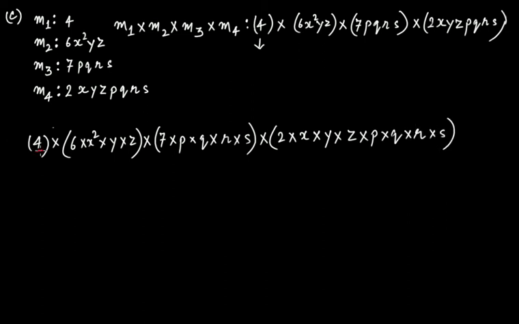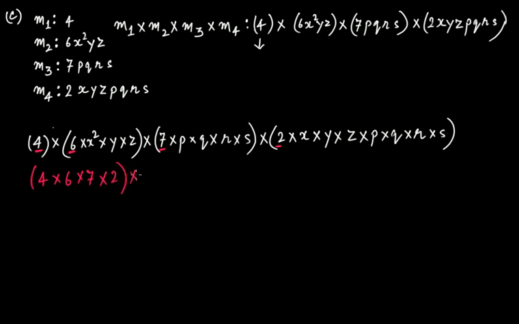Now 4 of this monomial, 6 of this monomial, 7 of this monomial, and 2 of this monomial, group them together. This is 4 multiplied by 6 multiplied by 7 multiplied by 2, right?